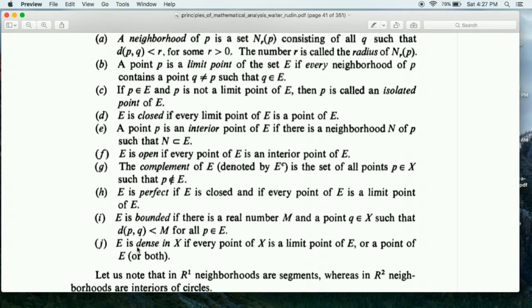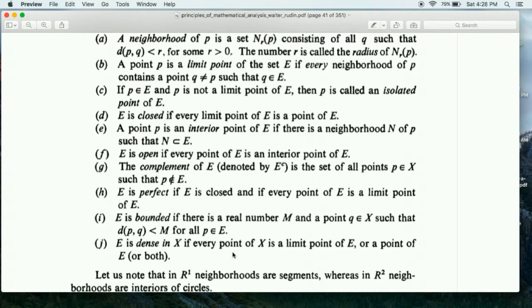And a set E is said to be dense in X if every point of X is a limit point of E or a point of E, or maybe both. So some subset is dense in a superset if every point in the superset is a limit point of the subset, or it is a point of the subset, or maybe both.